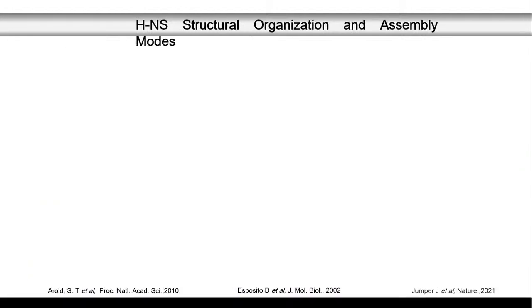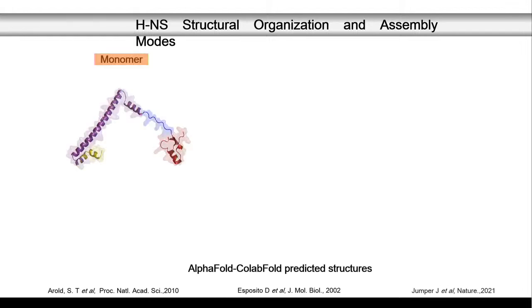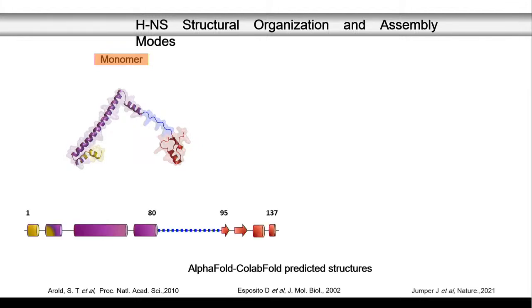Right. What I'm going to talk about in this particular section is the structural organization and assembly modes of this HNS. Just to highlight, this is the actual structure of the monomeric form of this particular protein HNS. This is the structure predicted by AlphaFold. The entire structure has not been solved. This is the AlphaFold predicted structure, and this is the cartoon of this particular structure that I'm showing you here.